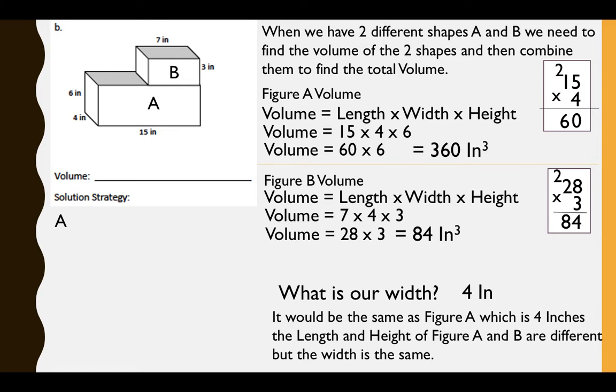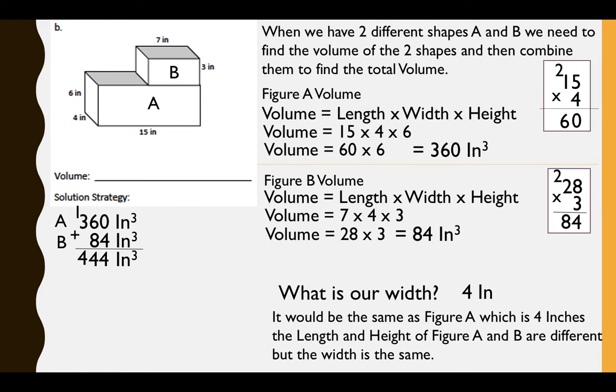Now, I have to take these two volumes, a volume of figure A and the volume of figure B, and combine them. So I'm going to take 360 inches cubed, and I am going to add it with 84 inches cubed. To get a total of 444 inches cubed.